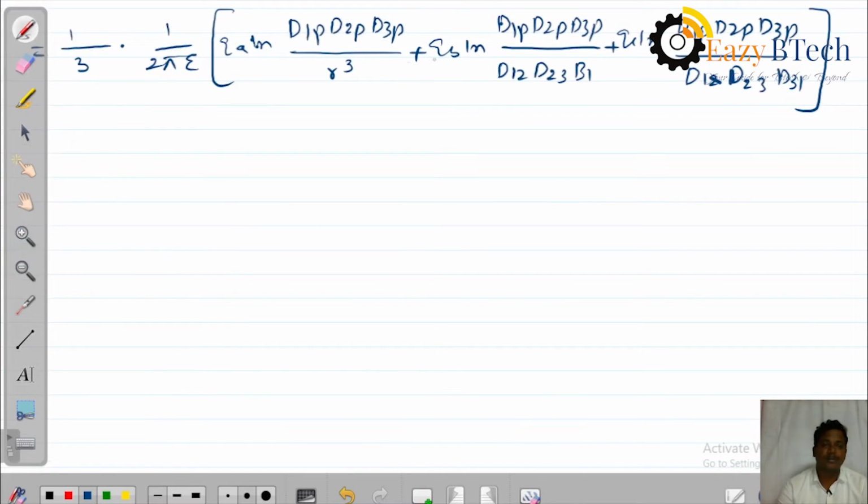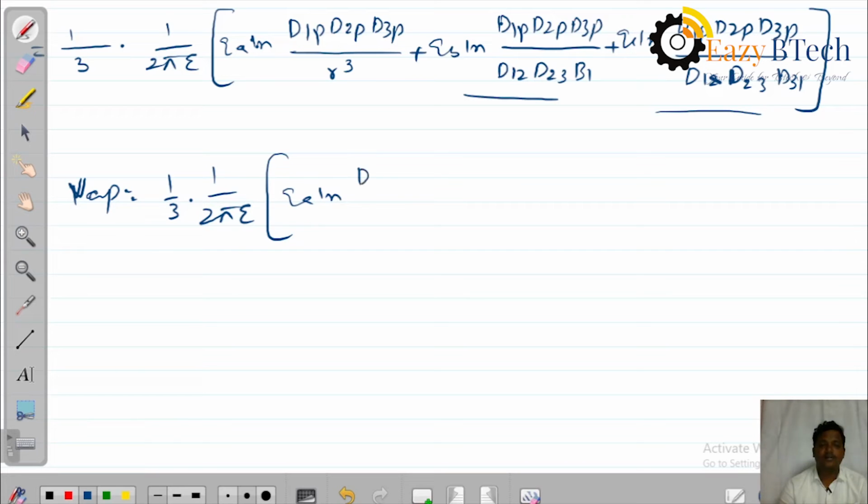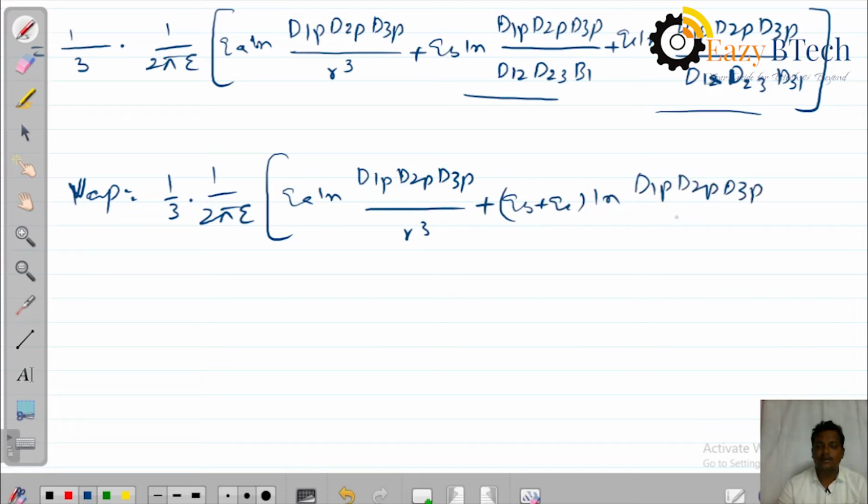now QB terms and QC terms both are the same, therefore VAB equals 1 by 3 into 1 by 2 pi epsilon [QA ln (D1B D2B D3B divided by RQ) plus (QB plus QC) into ln (D1B D2B D3B divided by D12 D23 D31)].